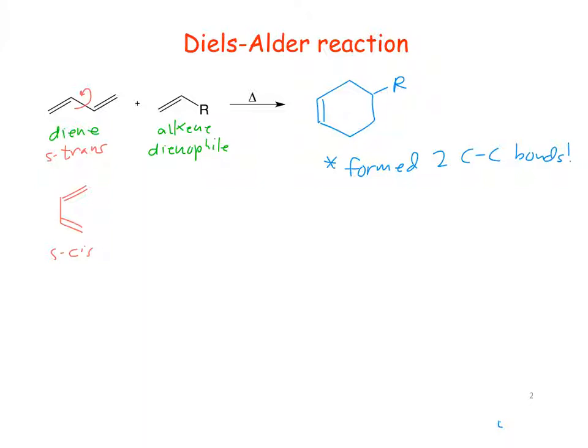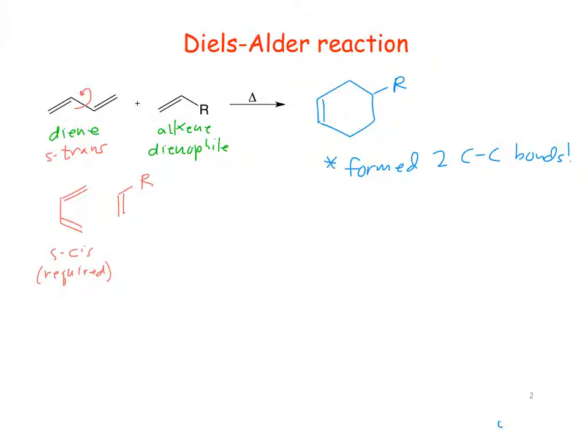The S-cis is required for the Diels-Alder reaction. So if there's a molecule where there's more rings or something and it can't rotate into this S-cis conformation, then the reaction won't take place. Then we have our dienophile like this.